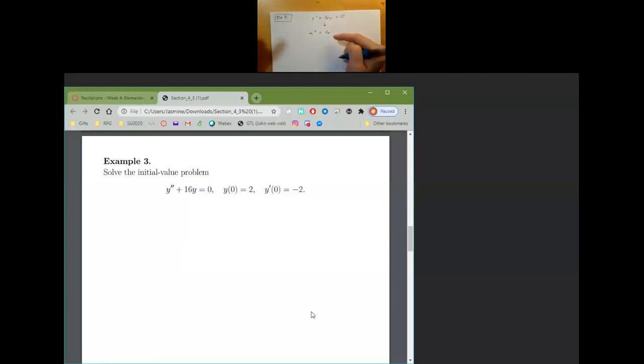So be careful, because for the roots, it'll be 16m raised to the 0, which will just be 1. That's a mistake a lot of people make when they're just starting this sort of form, so I wanted to point it out. But yes, m squared plus 16 equals 0.